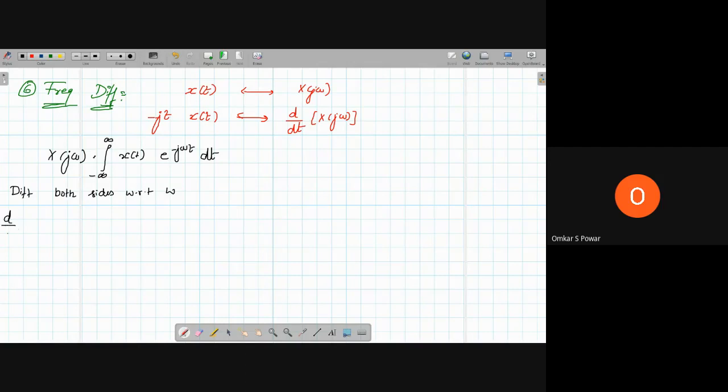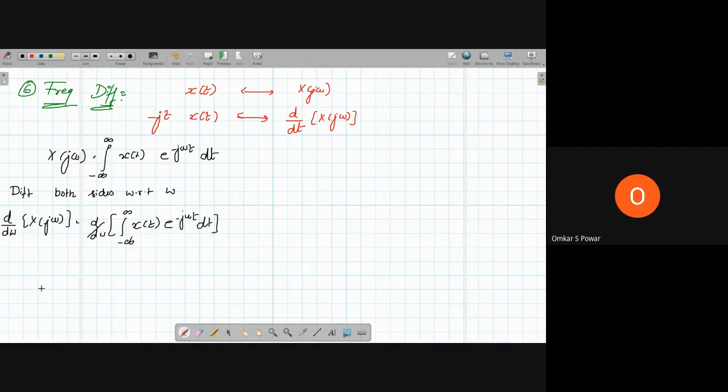So what we will get here: d by dω of X(jω) is equal to d by dω of integral from minus infinity to infinity x(t) e^(−jωt) dt. So I have differentiated both LHS and RHS.